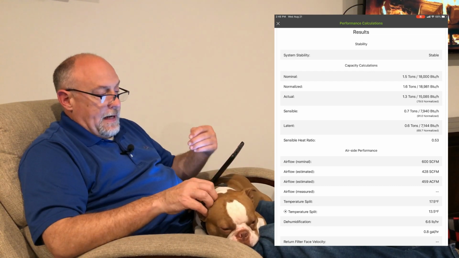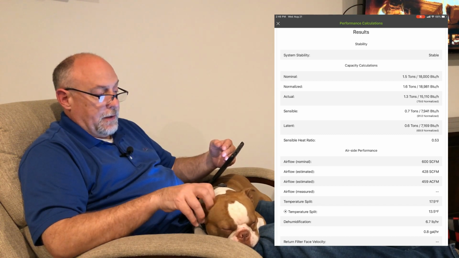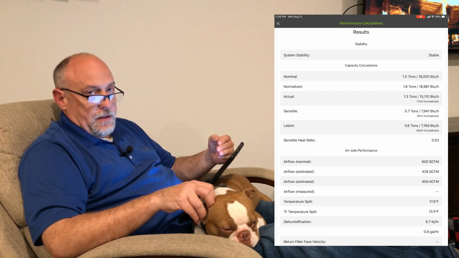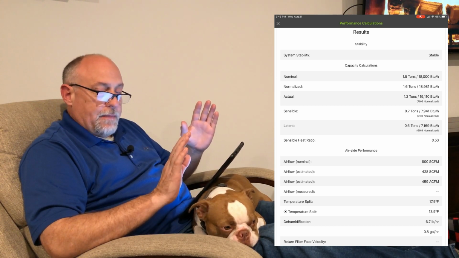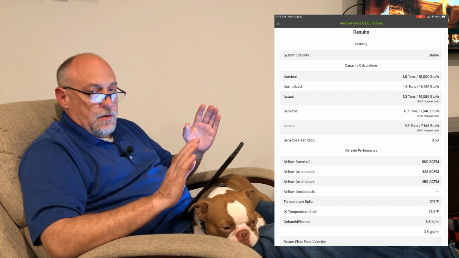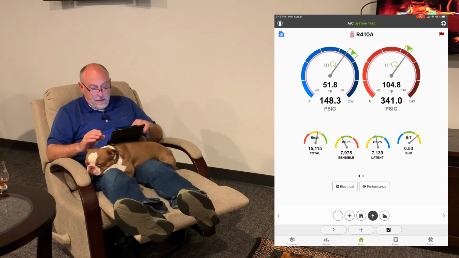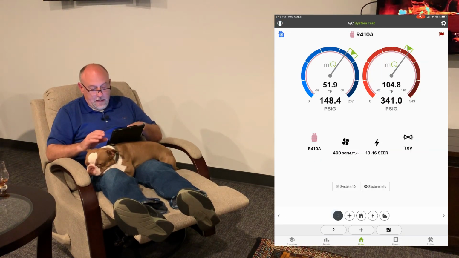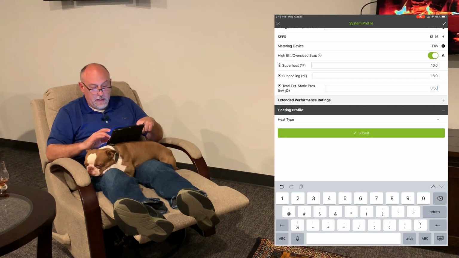Now our actual capacity, when we look at nominal capacity, starting at the top here, nominal is 18,000 BTUs. This is an 18,000 BTU unit, but it may not actually be rated at 18,000 BTUs for marine. It may actually be rated at 17,800. And again, in that information section, if we have that information under extended performance, we can actually put that in.